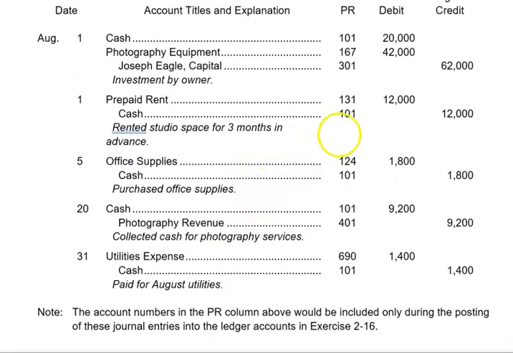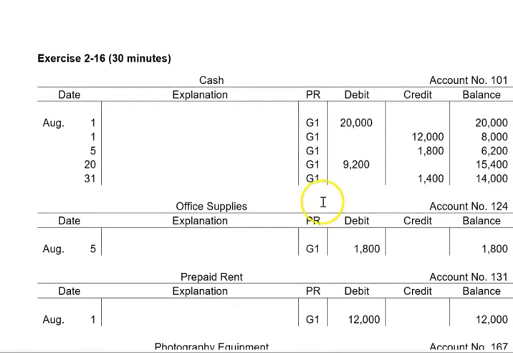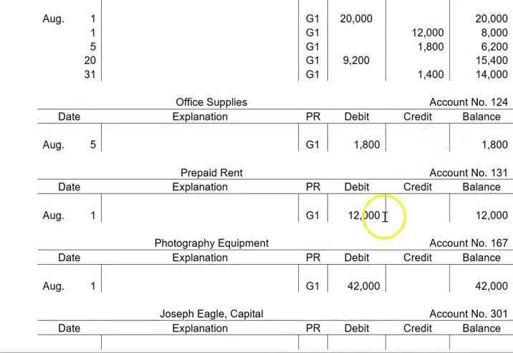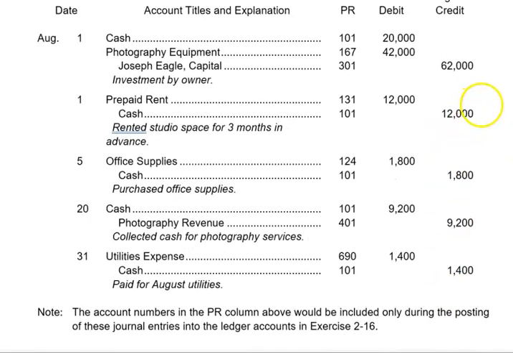Then we have prepaid rent and cash of 12,000. Cash is being reduced by your 12,000, and we've got debit prepaid rent of your 12,000. And you can see they're doing totals after each entry. You can do that even with a T account, just add an extra column.